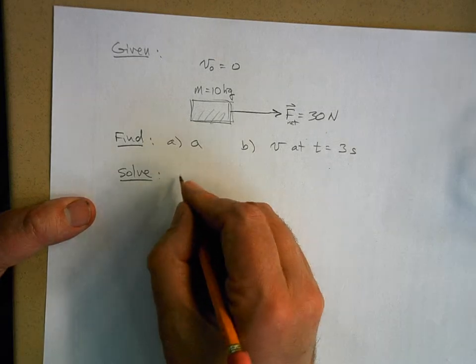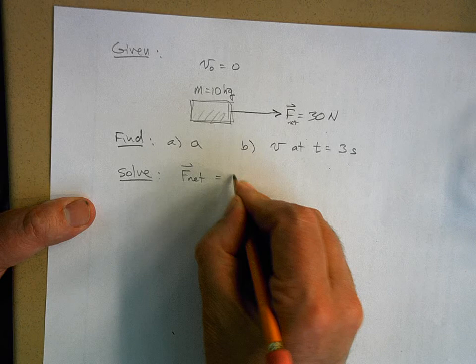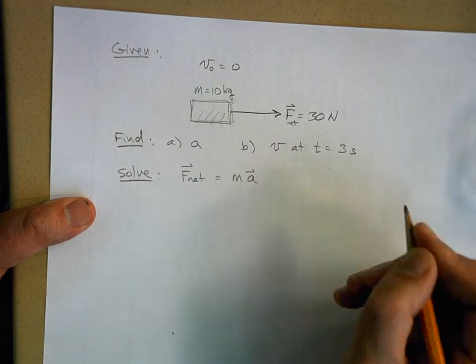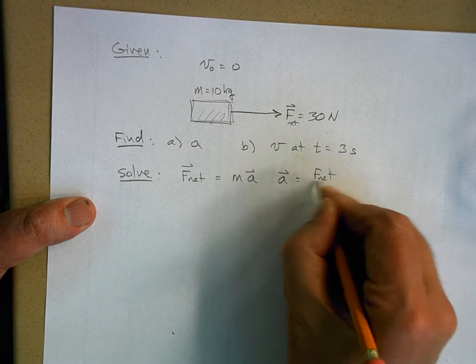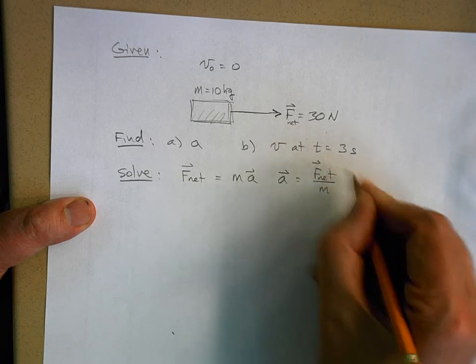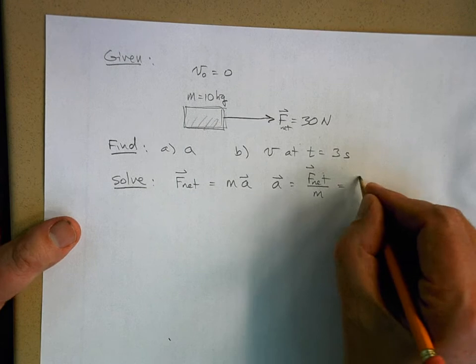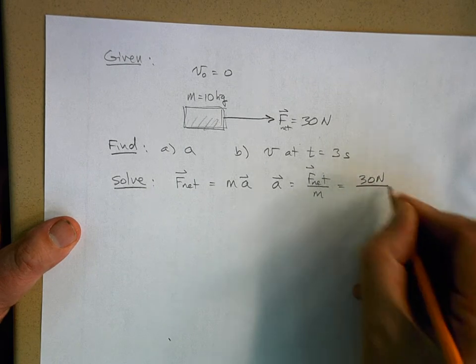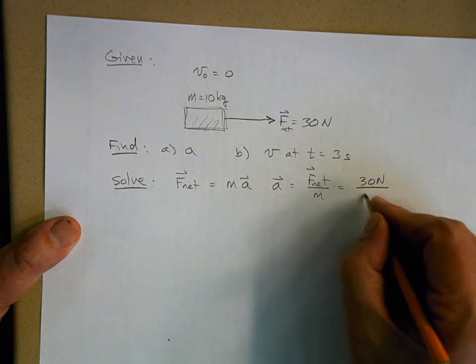we have this equation: the net force equals mass times acceleration. So the acceleration is just going to be the net force divided by the mass. The net force was given to be 30 newtons, divided by the mass, which is given to be 10 kilograms.